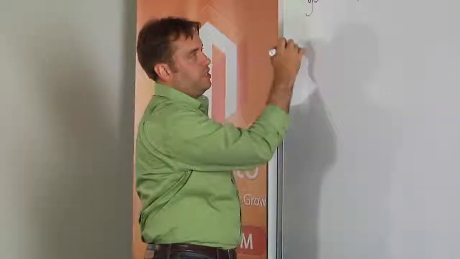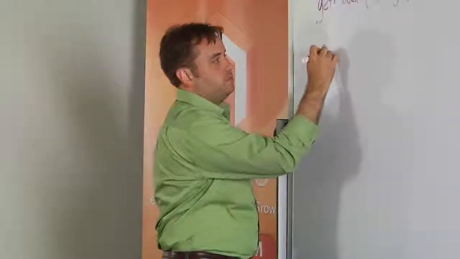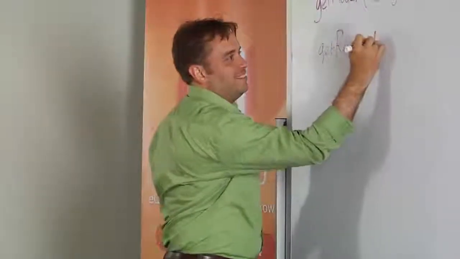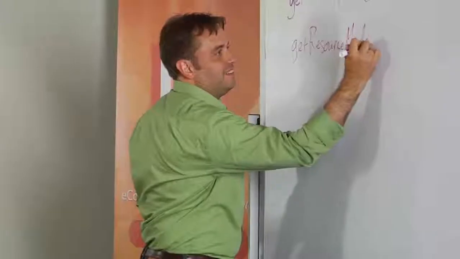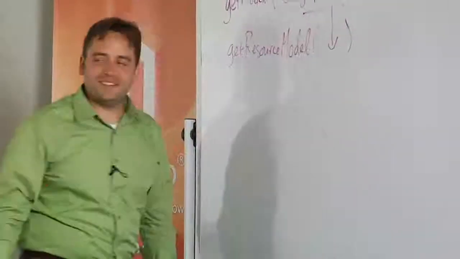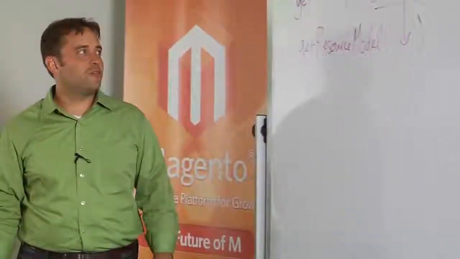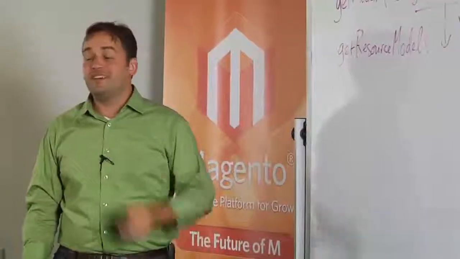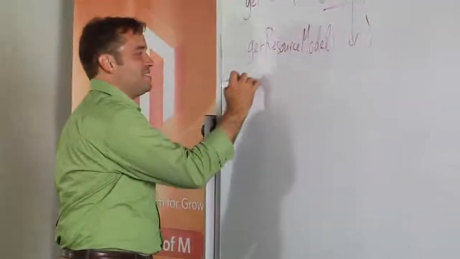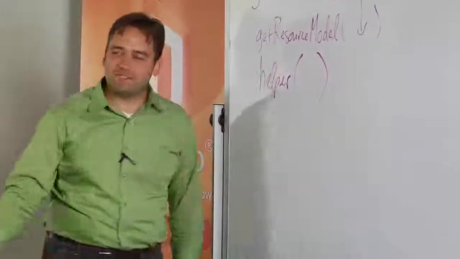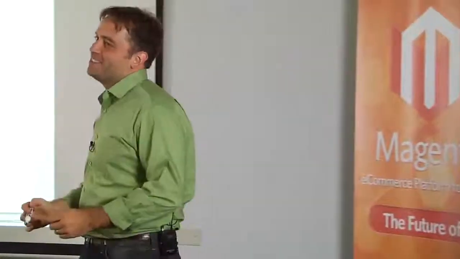Get resource model, same thing, Mage get resource model. And for helpers, of course, we have get model, get resource model. So how would we get a helper? No, it's Mage helper. Just helper. Just because they can.